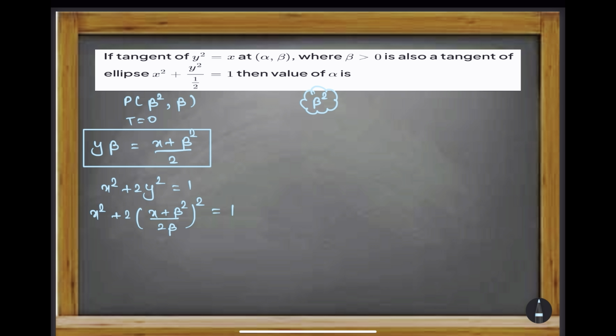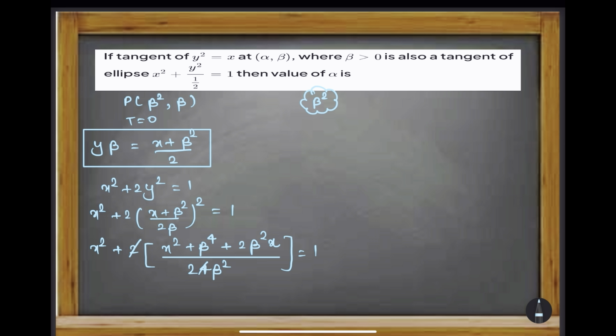Now, so we got x square plus 2 times (a square plus b square plus 2ab) upon 4 beta square equals 1. Till this part, I hope you guys are okay. So this thing is done.